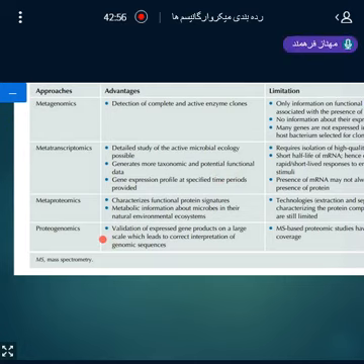Okay, the next technique is proteogenomics that we read today. It has only one advantage, and that is validation of expressed gene products on a large scale, which leads to correct interpretation of genomic sequences.